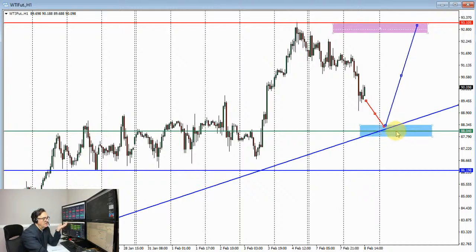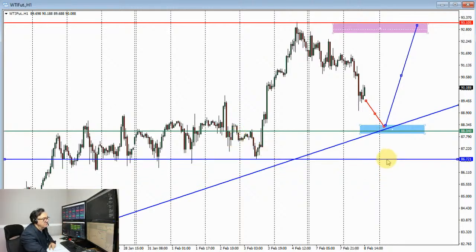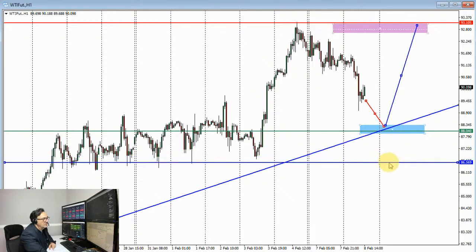Actually, I have a small pending order at that level. And the stop is at the cluster of these lows towards 86, possibly even 86.50. So it could be 150 to 200 points of risk, $2 in price.